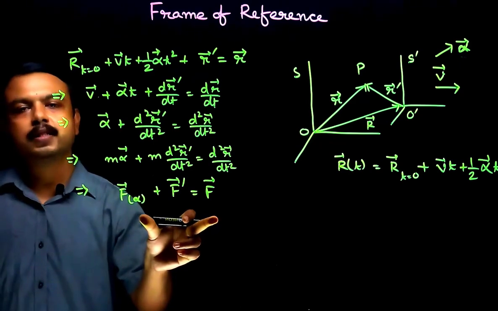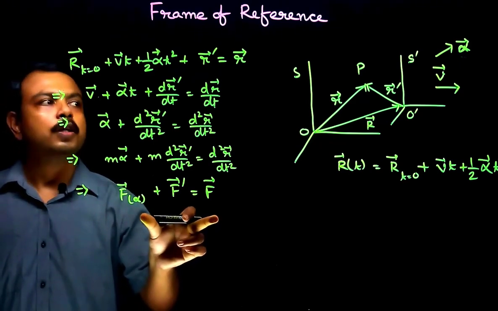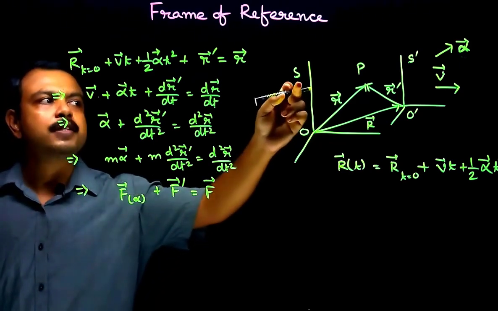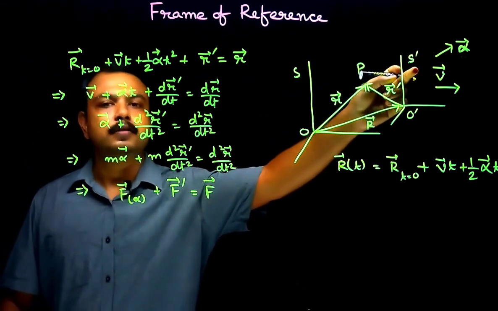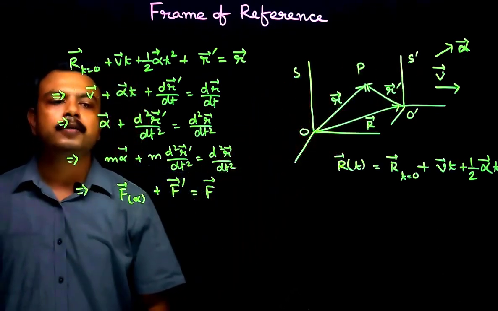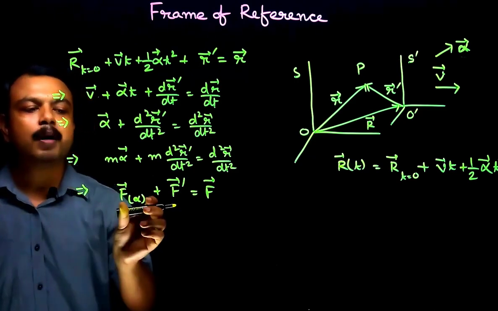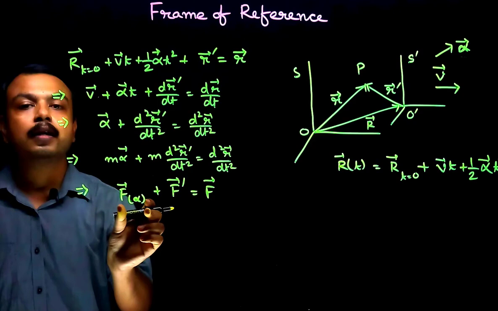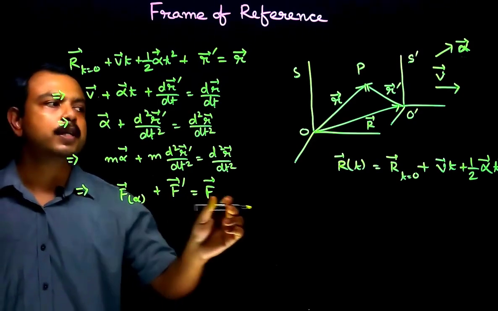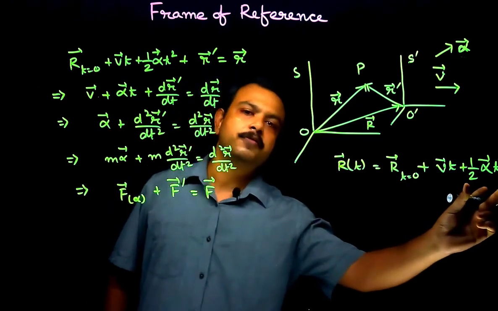This expression suggests that though the observer in frame of reference S and S prime has measured the forces perfectly, still there will be some amount of error in this calculation, and this is arising because of this accelerated nature of the frame of reference.